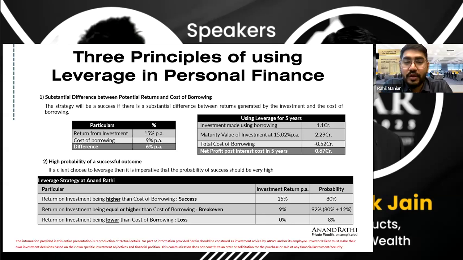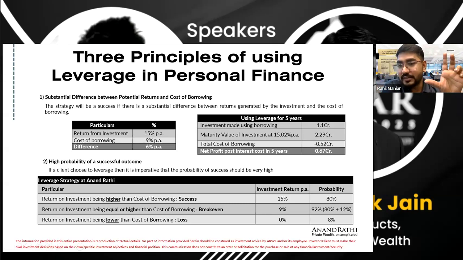Let's say today you're borrowing at 9% and deploying the money at 10%. The difference is 1%. Why would somebody do so much for just a 1% differential? Not worth looking at. But if somebody is borrowing at 9% and investing at 15%, the difference is 6%, right?